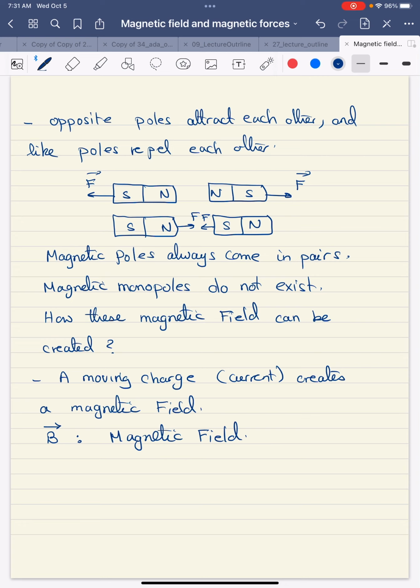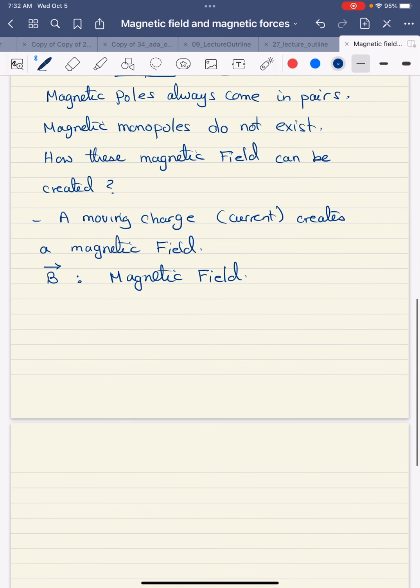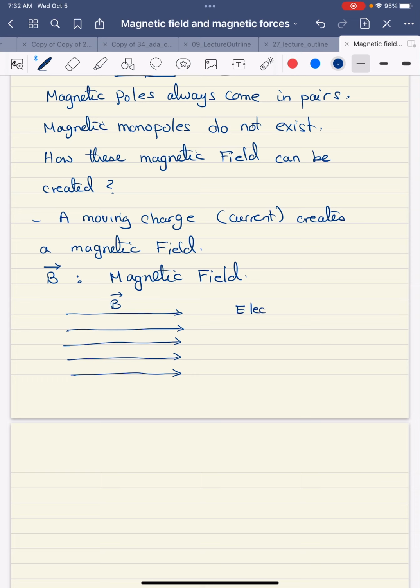And now, whatever the source of this magnetic field, we are going to have let's say a field that might be from west to east. Then I will represent this as a uniform magnetic field, and it's the same way that we did represent electric field lines.